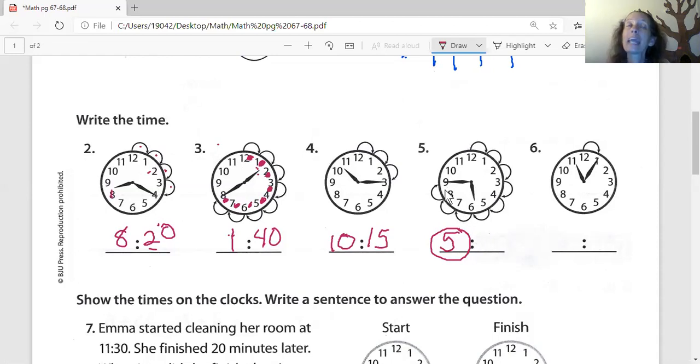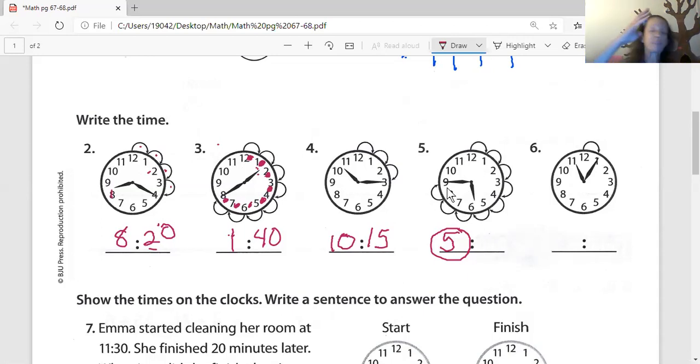And then the minute hand is pointing to what number, KJ? 9. So what does that mean? If I count by 5, 9 times, I get, watch me, 5, 10, 15, 20, 25, 30, 35, 40, 45.